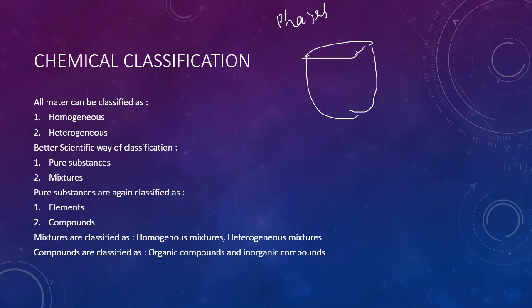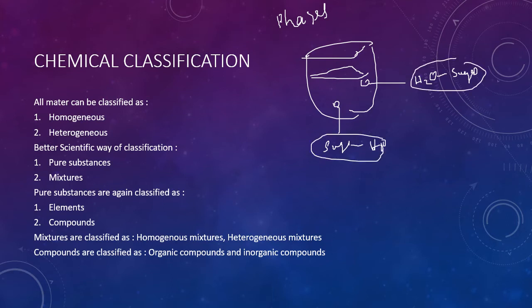In sugar solution, you know that every water molecule will have a sugar molecule attached to it. Everywhere it would be the same, so they have a uniform composition everywhere, only one phase.